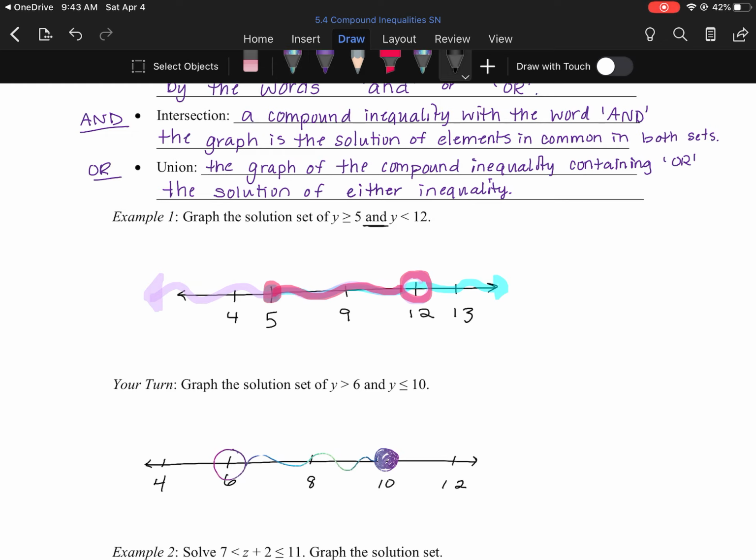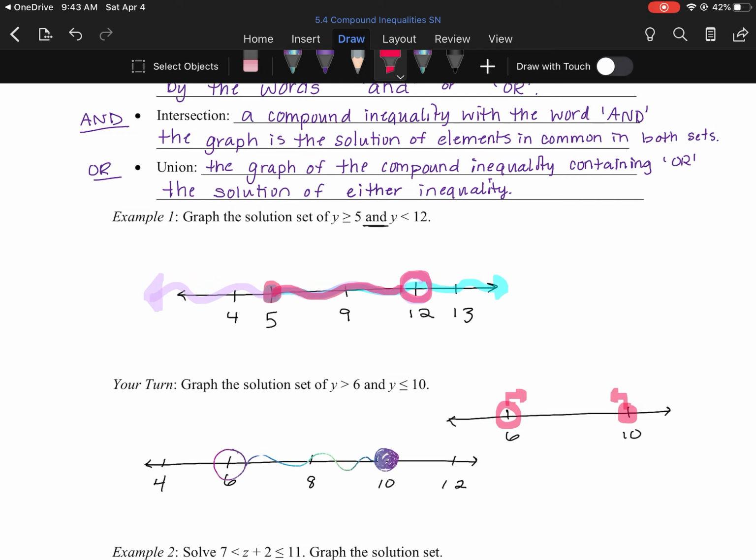So you can see for this answer, I just graphed what the answer is. So I'm actually going to show you how I do this sometimes, so that way I don't have to make a whole bunch of lines. All right, so for this, I'm just going to go ahead and put two small ones. So I'm going to say, okay, greater than 6. That's an open circle, and it's going to be shaded that way, okay?